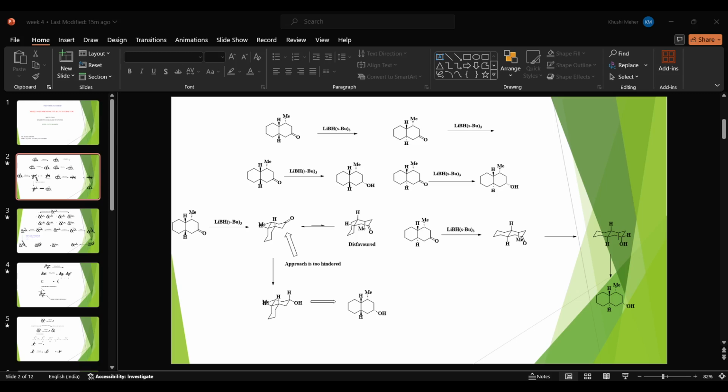This is done to make bulkier bases. That's why we can design our base in such a way that we can attack selectively from one face as compared to the other face, because in those cases the selectivity is very good as compared to where you have only lithium borohydride, sodium borohydride, or lithium aluminum hydride.